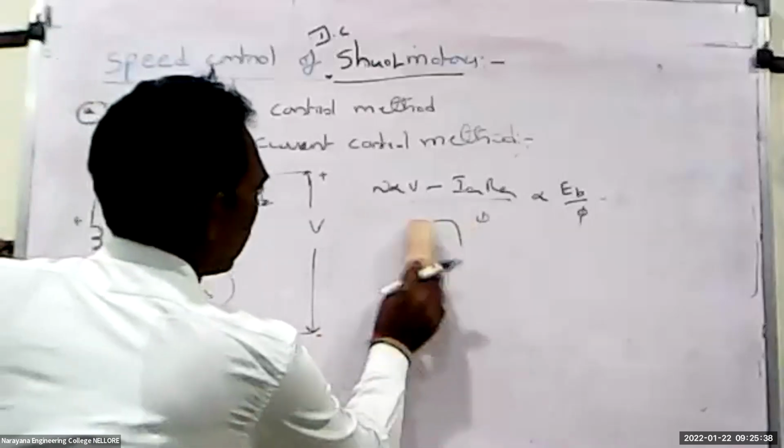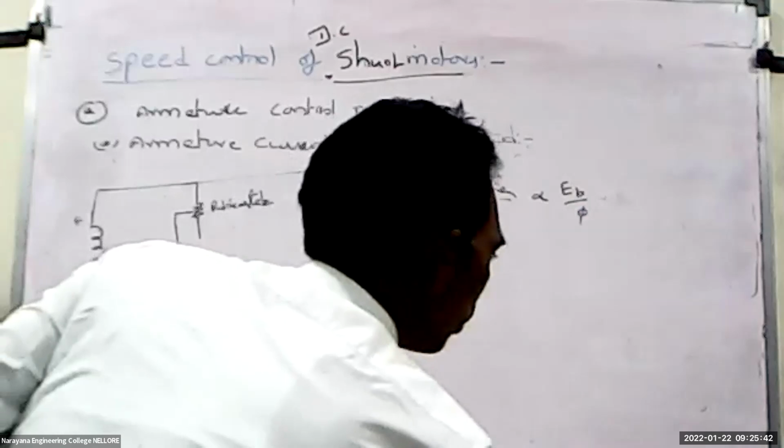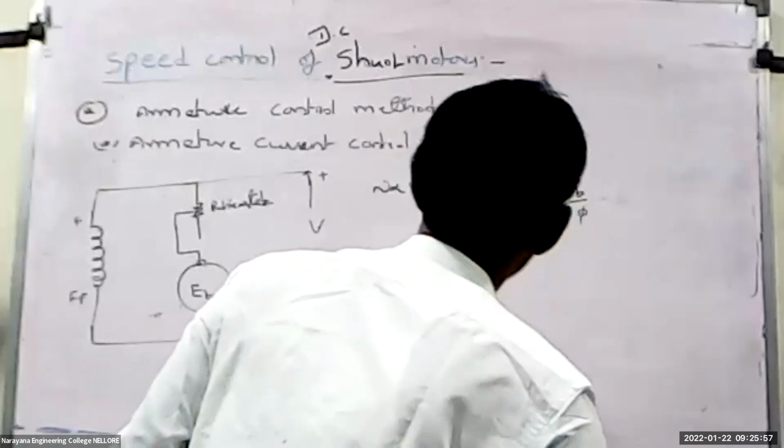So this is a direct relation. It is called the rheostatic control method.